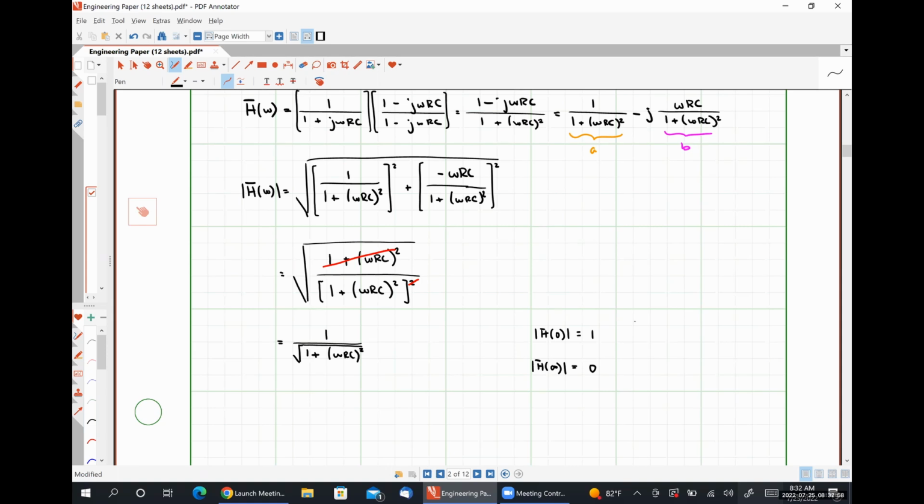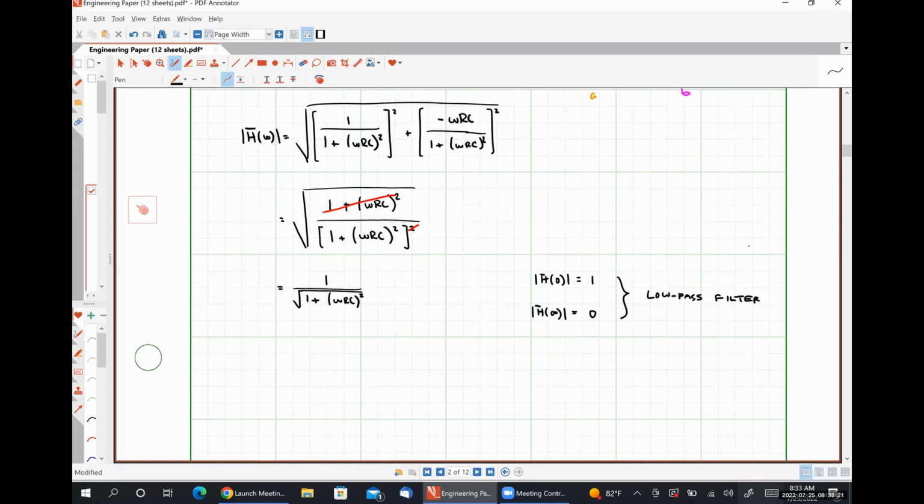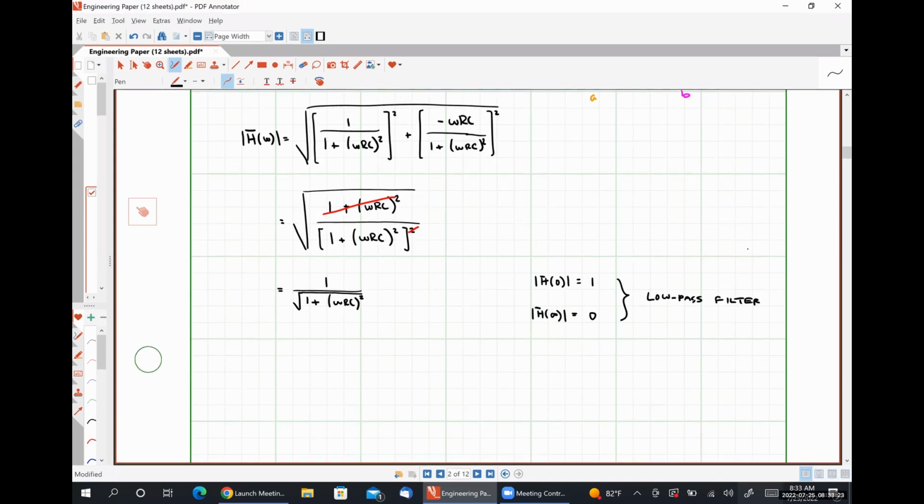So from this, we can see that our circuit passes low frequency terms and attenuates high frequency terms, which means this is a low pass filter. Now, I'm going to plot our frequency response here.